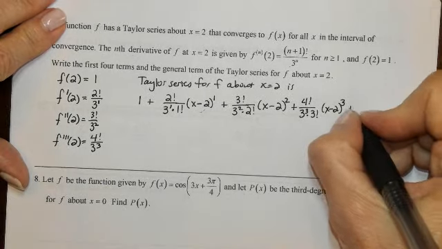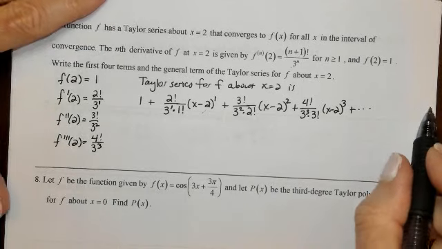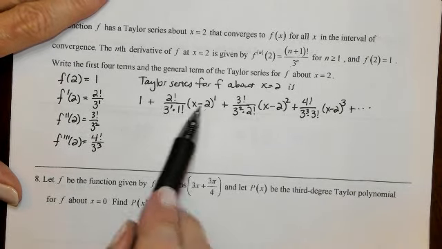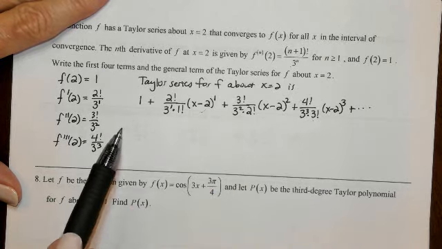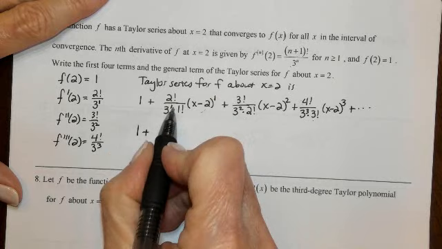Plus dot dot dot. And again, I know I need to do the general term, but I usually do that after I simplify. It makes writing the general term easier. And I know this is going to simplify because of these factorials on top and bottom. They're going to reduce. So let's do that.